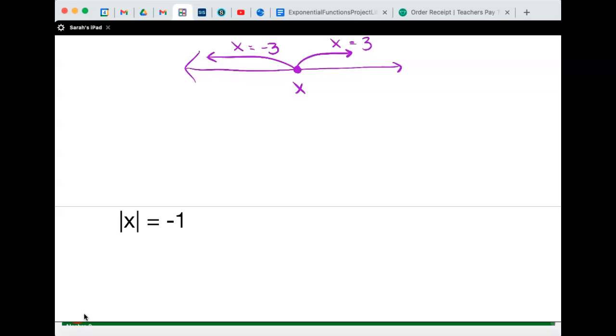I don't have a variable outside that I can plug into. So technically there's no number I could plug into this to get a negative number out, because we know absolute value changes the number to positive. So a positive would equal a negative, which is not even possible. No solution.